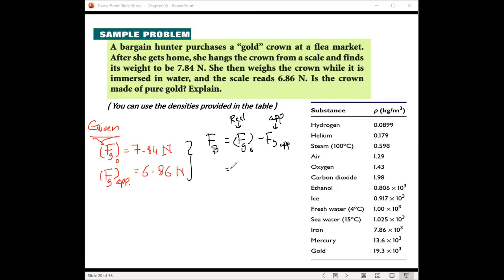So it will be what? Subtract them, okay? It will be 0.89 newtons. So now we have FB.